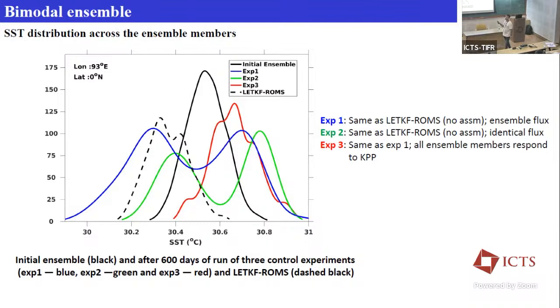This is a trade-off: I move away slightly from the strong constraint of Gaussian distribution, but I can also arrest this ensemble collapse or filter divergence.